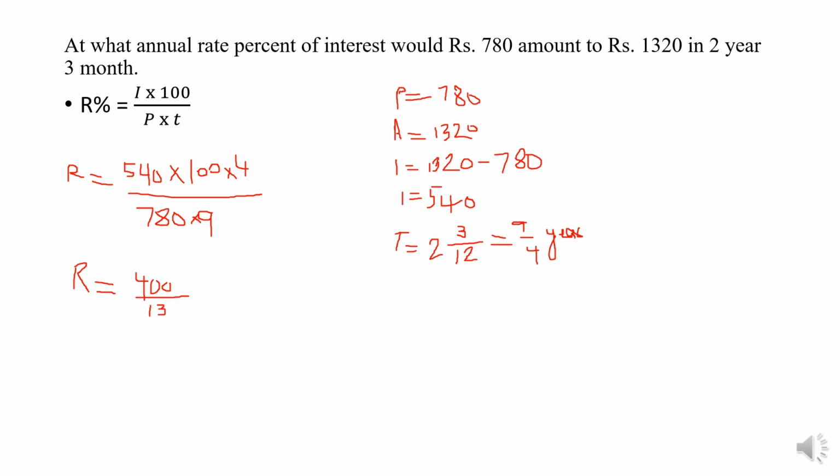Or we can write it in this form as well, like we have 30 and 13 and 10% per annum.